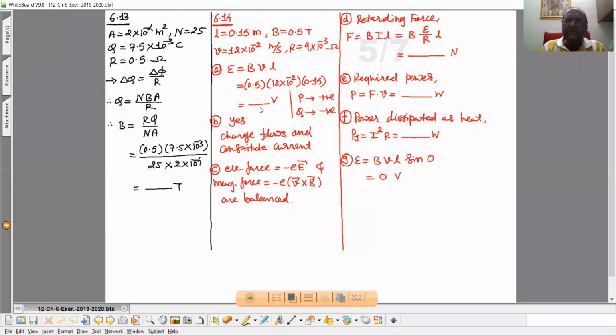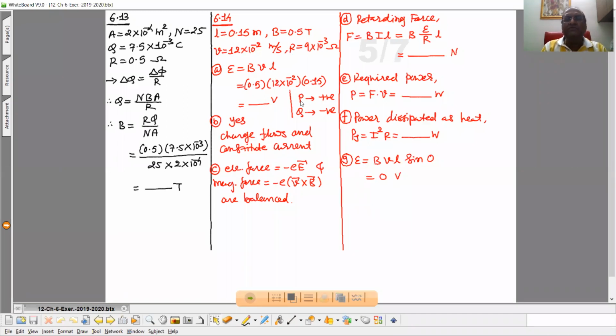Then and only then this happens. It is experiencing magnetic force and the net force is zero, meaning the force due to the electric field and the force due to the magnetic field are perfectly balanced. So net is zero.